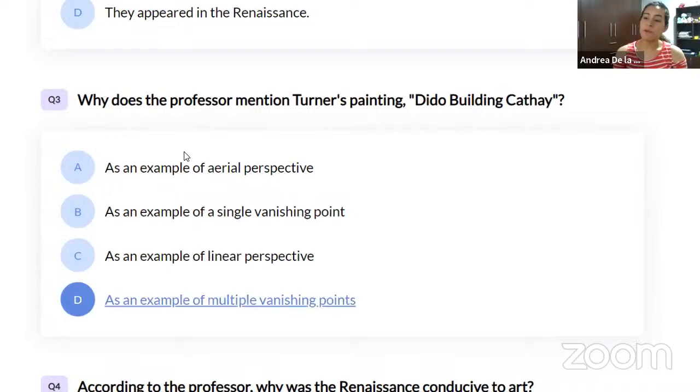Another thing, if you didn't know and you have to choose, let's say that the preview already had a question about aerial perspective, then it's very unlikely that you will have two about aerial perspective. I'm not saying it's never going to happen, but it's more likely that you have one question per subtopic rather than three questions about the same. Okay, just talking about possibilities and probabilities here, not necessarily certainties.